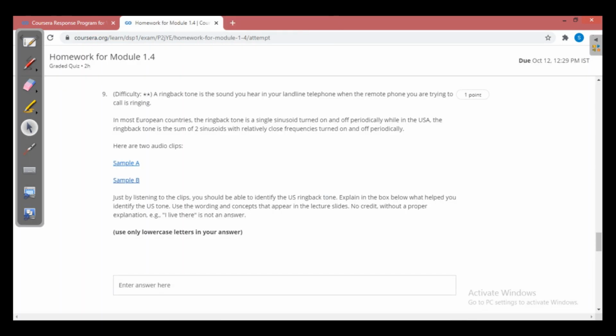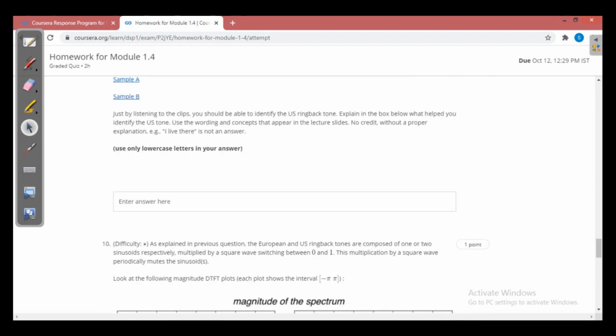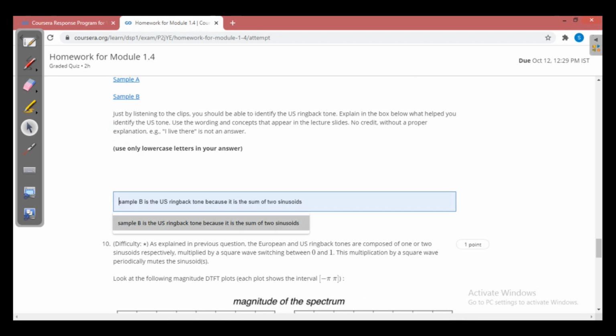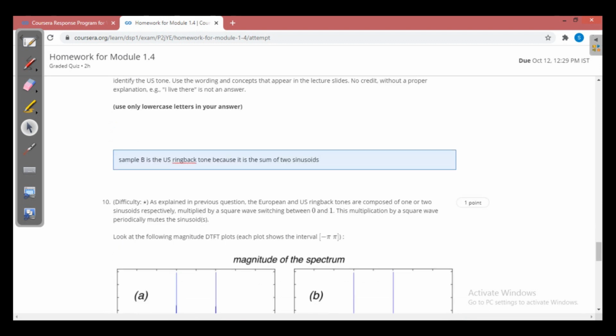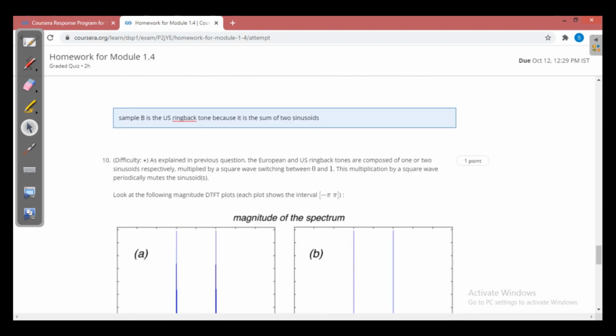Now listen to sample B. Now sample B has two sinusoids. Okay, so sample B is the ringback tone of the US, because it has two sinusoidal signals. Sample B is the US ringback tone because it is the sum of two sinusoids.